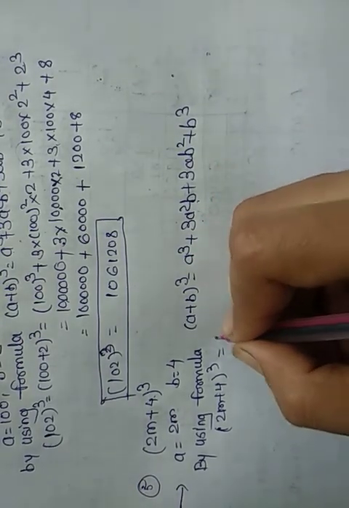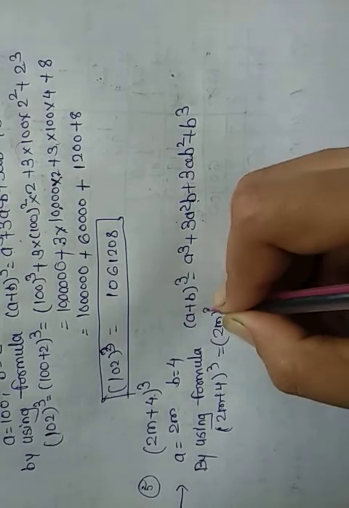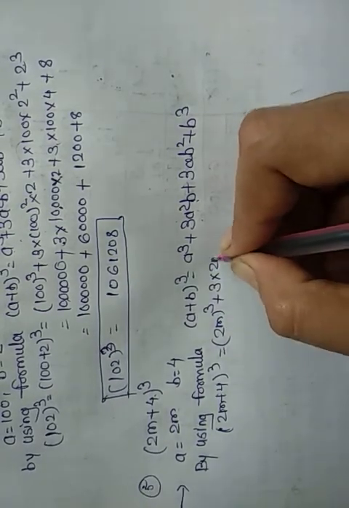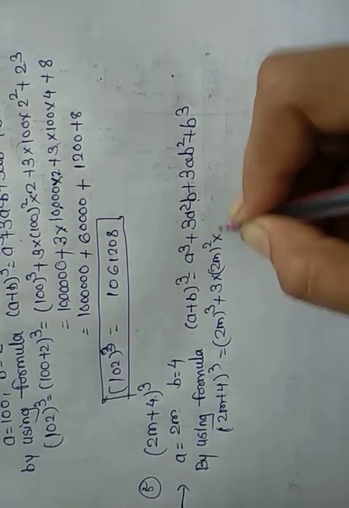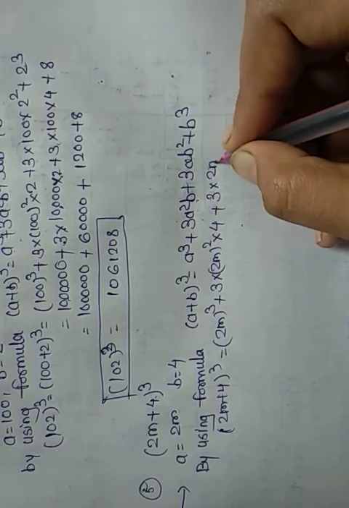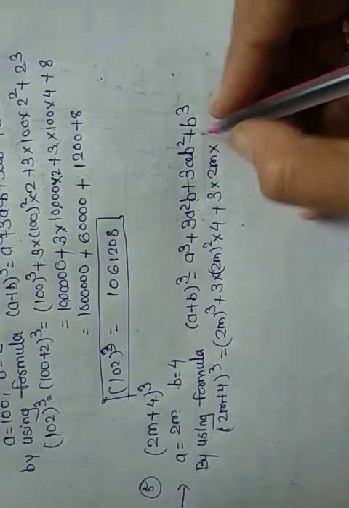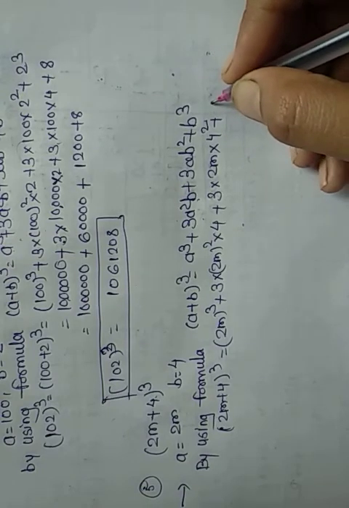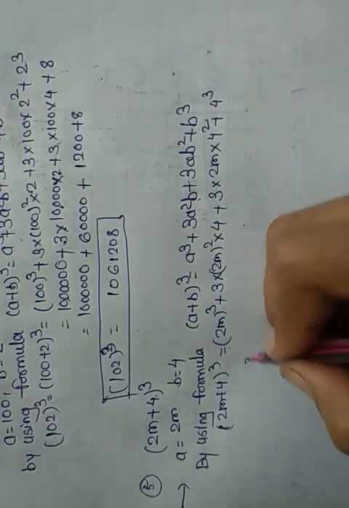So first a cube means (2m) bracket cube plus 3 into a square, that is (2m) square, into b means 4 plus 3 into a, that is 2m, into the square of b means 4 square plus cube of b, it means cube of 4.